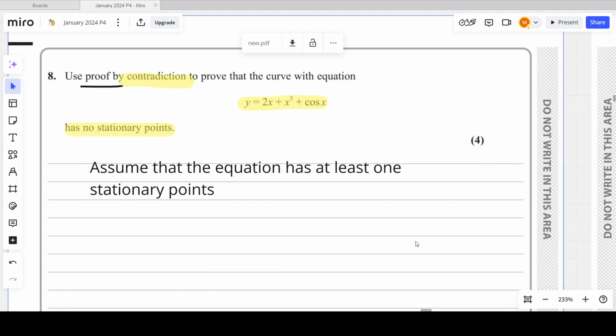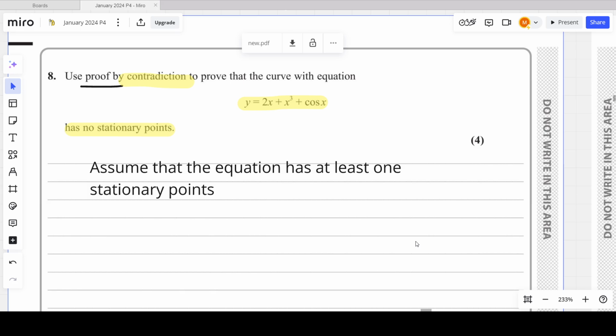Make sense? Let me repeat. Why did I write at least? Because they said no stationary points, that means it doesn't have any stationary point, right? If I can disprove the assumption, then the opposite of my assumption will be true.